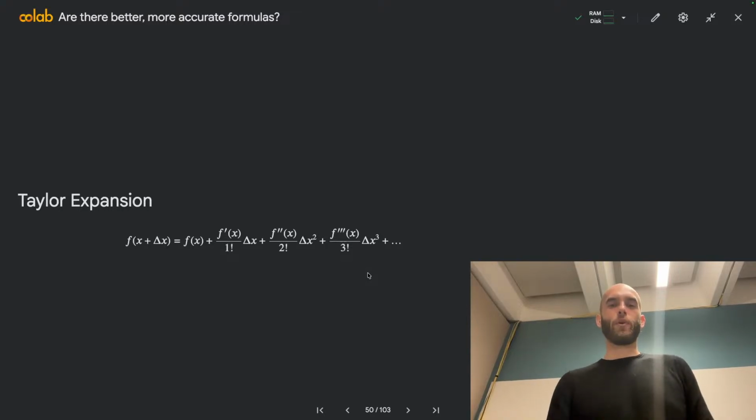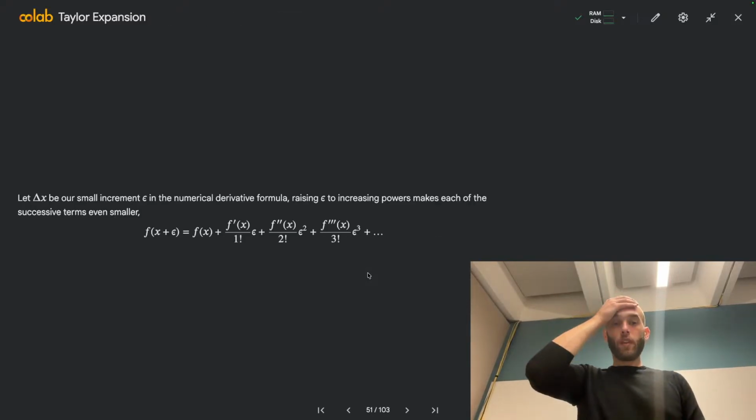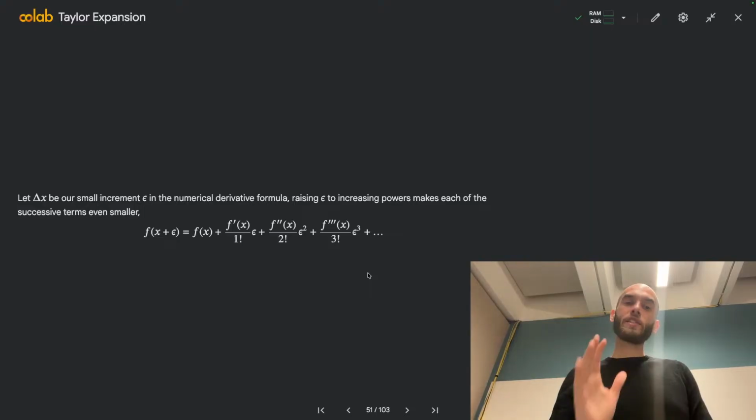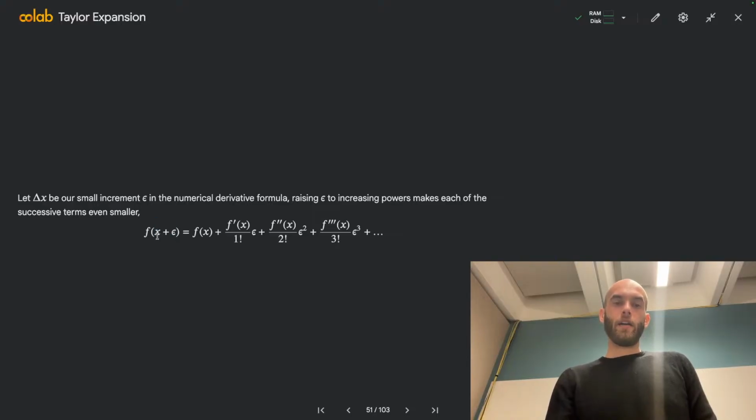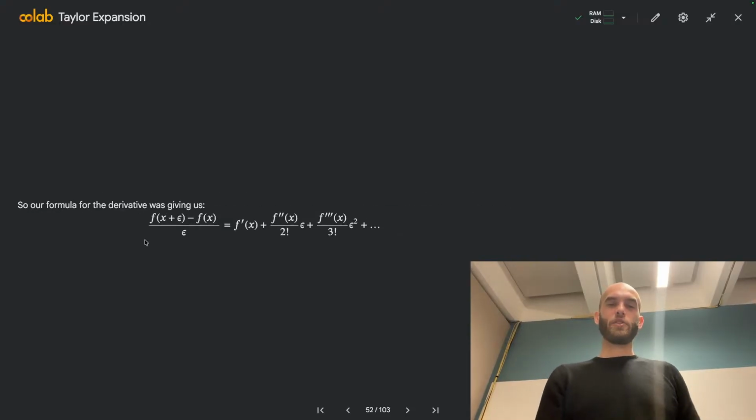So why is this important? Well, when we're setting up our derivative definition, you can see a few things here. We have f of x plus epsilon, and then we also have f of x on this side. So if we rearrange this, we can rewrite the Taylor series to look like this, which is exactly our derivative definition.